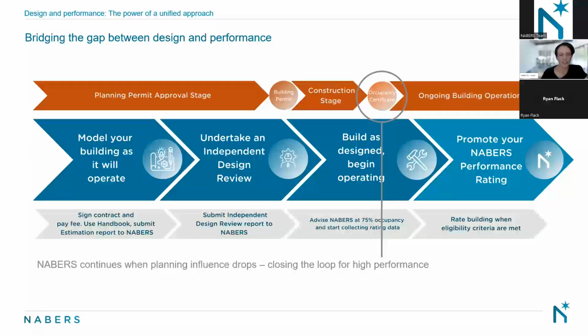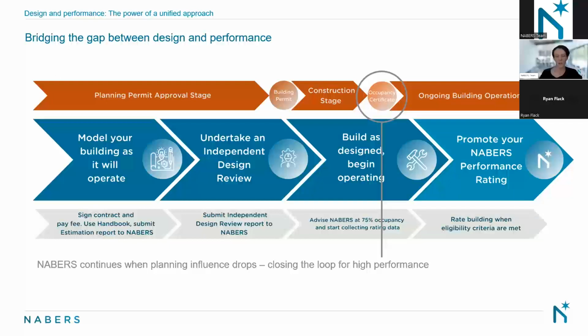So I won't go through the process in a huge amount of detail, but the reason I put this slide up is because I think most people in this room are policymakers of some description. And as policymakers, our influence often drops away at some point throughout the process. Maybe if you work with the planning system, it's the development approval, maybe it's a building permit, maybe it's occupancy certificates.